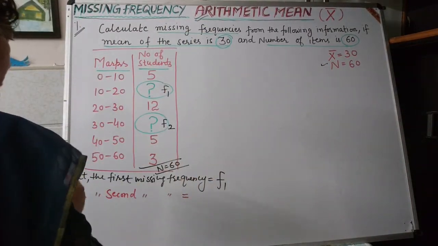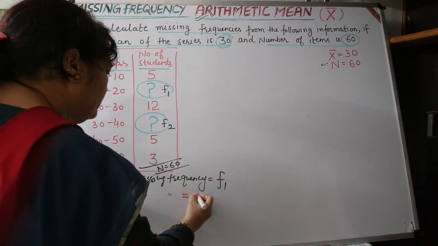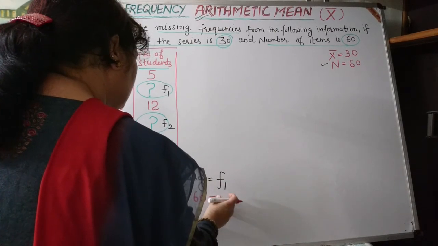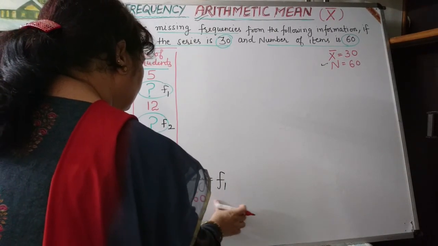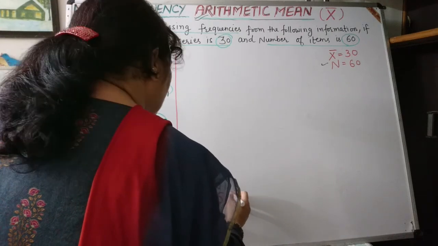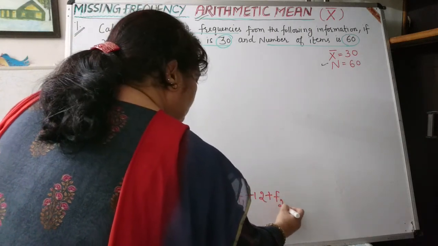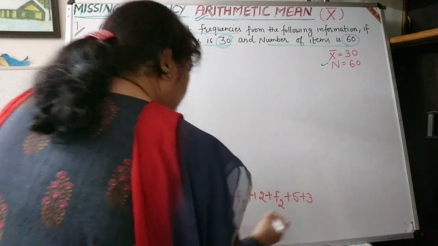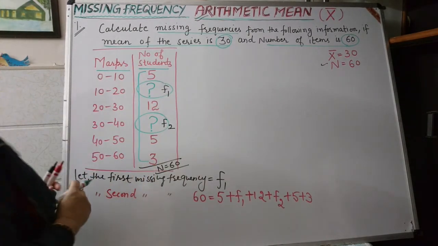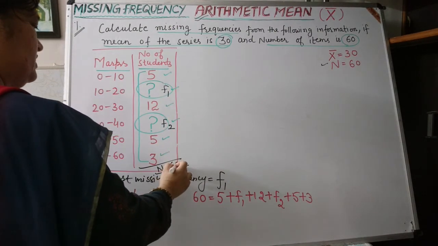So now I am finding out the value of F2. 60 is the summation of all these values of number of students: 5 plus F1 plus 12 plus F2 plus 5 plus 3 is equal to 60.